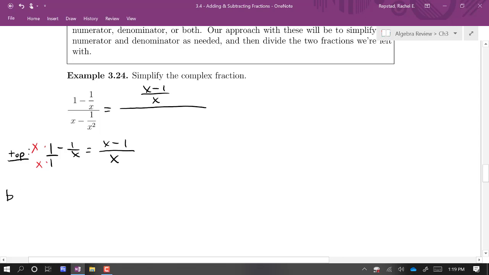On the bottom, we have x minus 1 over x squared. So that's x over 1 minus 1 over x squared. And this ends up being x cubed minus 1 over x squared.